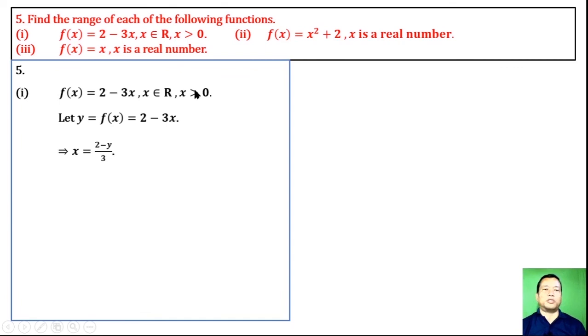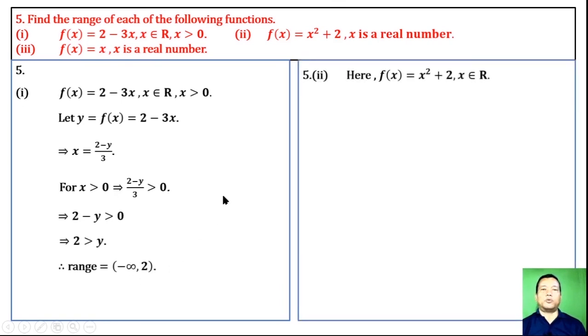For x to be positive, this should be greater than 0. So multiply by 3, a positive number, and the inequality sign remains unchanged. We get this. Solving for y, y should be less than 2. All those possible values of y form the range. Therefore, the range is y less than 2, the open interval (minus infinity, 2).